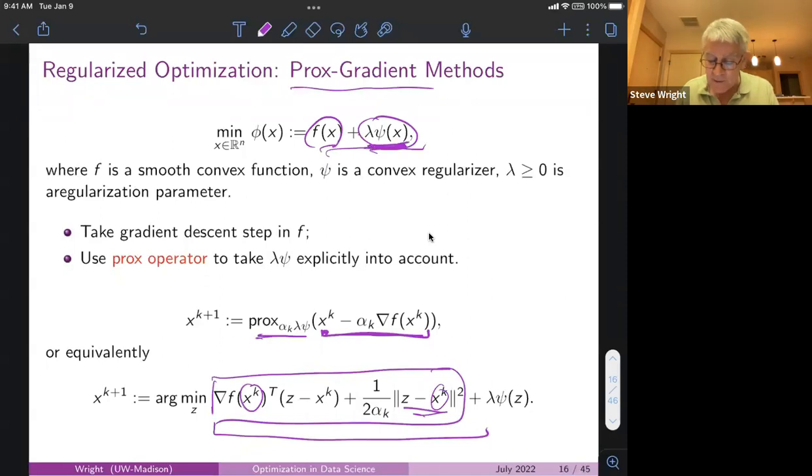And let's leave the last term alone. Let's not approximate the psi term. Let's just deal with it explicitly, okay? So it turns out that this is how you get the next iterate, and that's equivalent to applying that prox operator that I defined a few slides ago, okay?